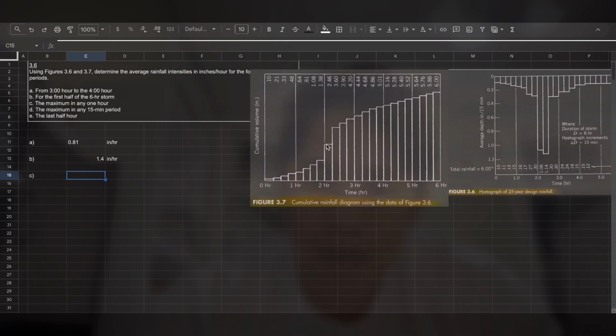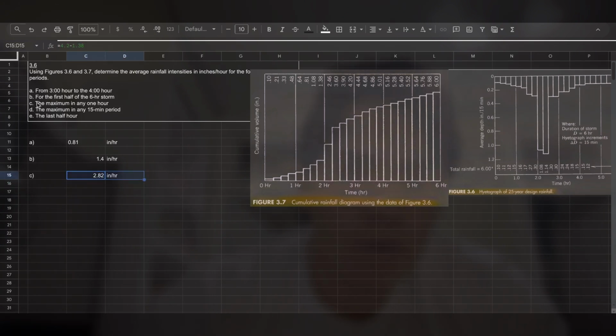So I can already see that if I do 4.44, which is, no, sorry, 4.20, which is the highest value of the third hour, minus the lowest value of this, which will be 1.38, because that's how that hour starts, divided by 1 hour. It's gonna give us 2.82 inches per hour.